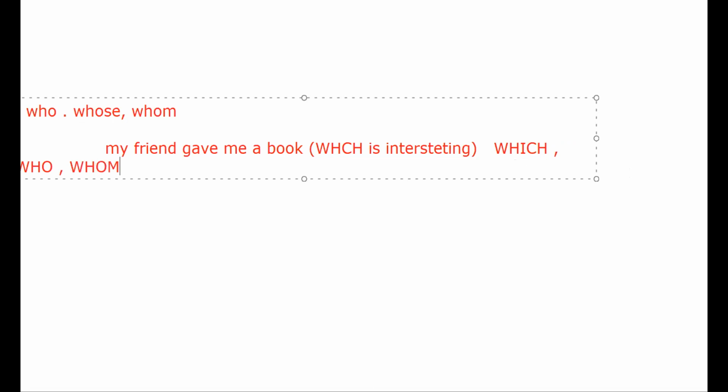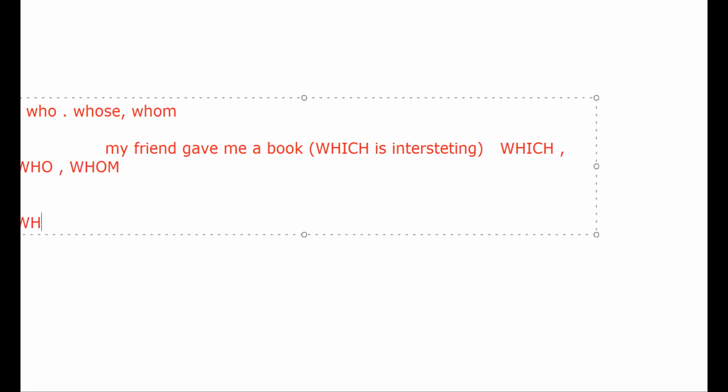Remember, if it is written after book, this is what linking to this sentence. So books, which? So it says who is generally for persons. Which is generally for things.